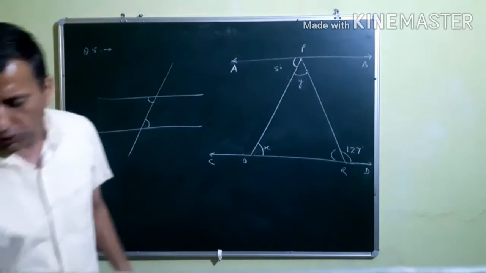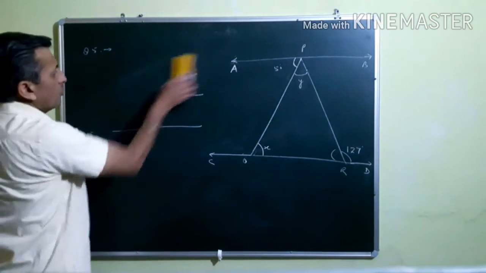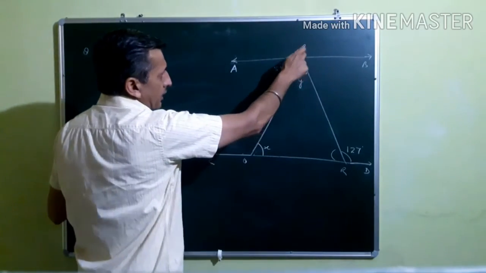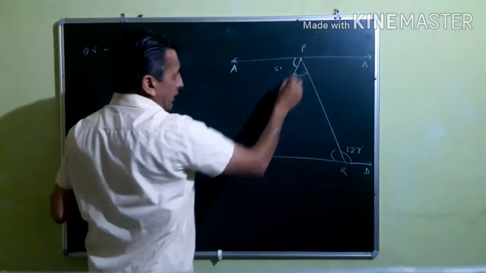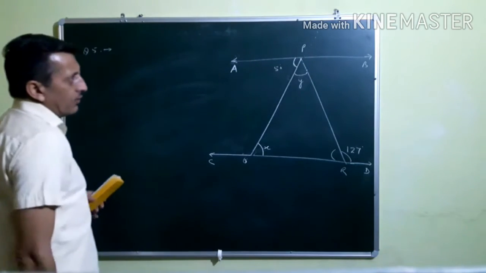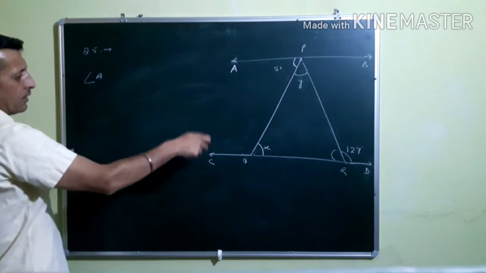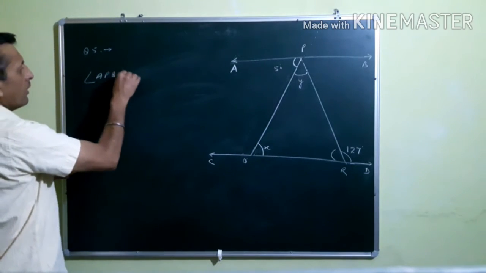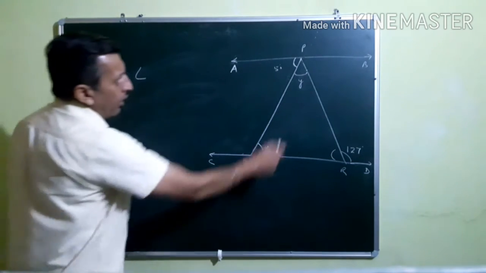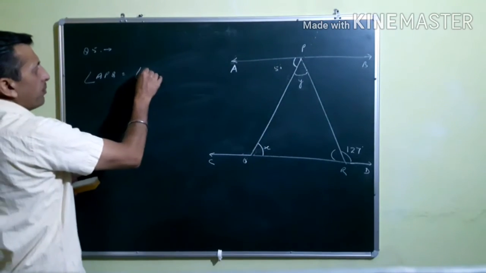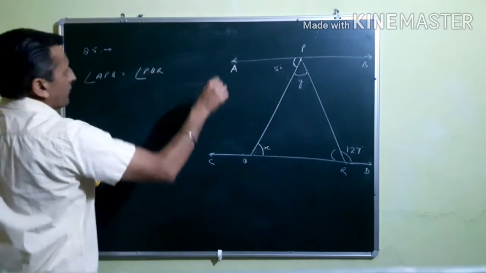So I'm going to use this concept in this question. He said that these two lines are parallel, and if we extend this like this, then it becomes your transversal. So in this case angle APQ is equal to angle PQR, or otherwise you can say PQD.